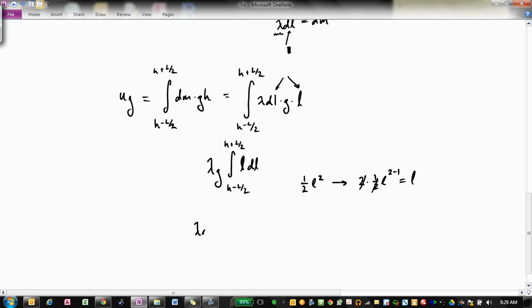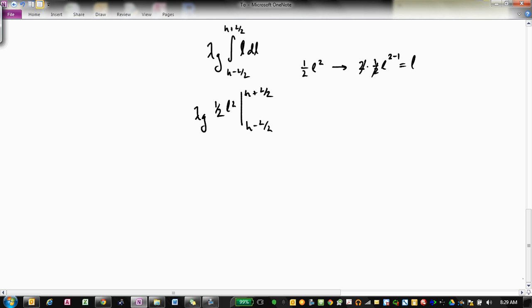So I have lambda g times 1/2 L squared, and I'm going to evaluate that function from h minus L over 2 to h plus L over 2.